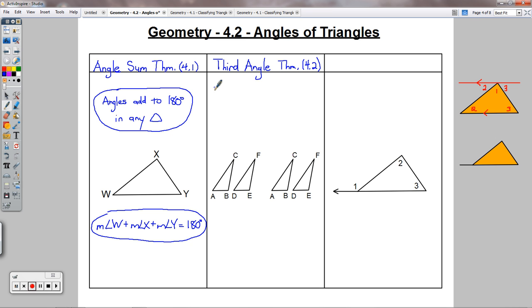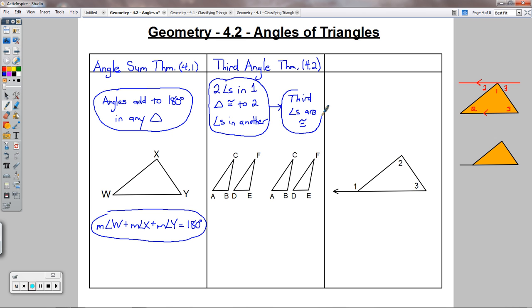It says that if you have two angles in one triangle that are congruent to two angles in another, that implies that the third angles are congruent. So let's look at the picture to make sense of that.